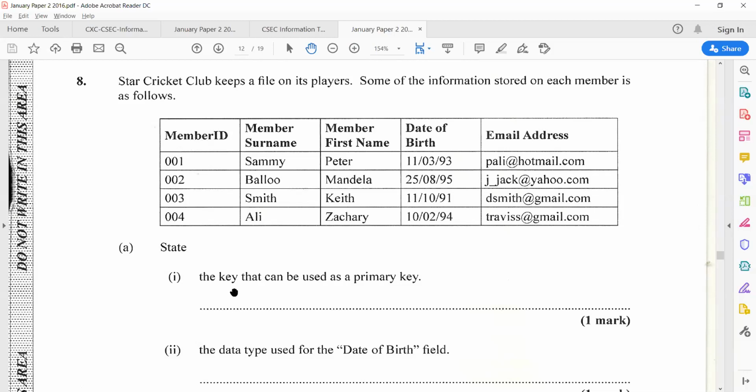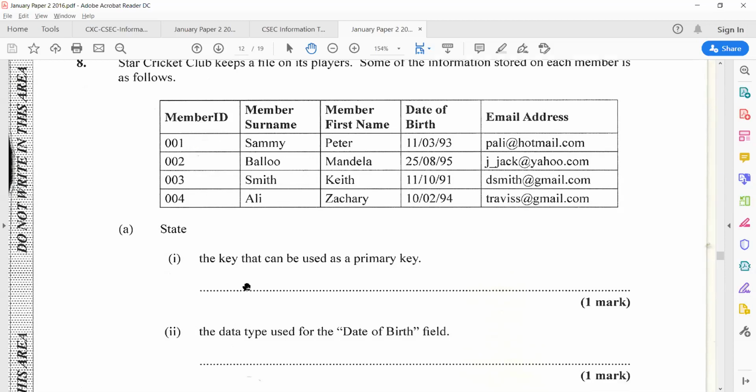Right. So out of all the data, remember the primary key would contain values that are unique. So there should be no data entered in the primary key field that are duplicates, right? The field best suited for that is member ID.